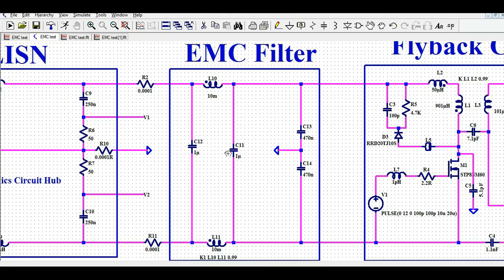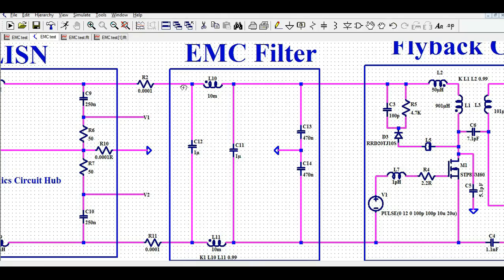So basically the X capacitor helps in filtering the differential mode noise. So C11 and C12, along with the leakage inductance of the common mode choke, filter the differential mode noise, and C13 and C14 attenuate the common mode noise along with the common mode choke.